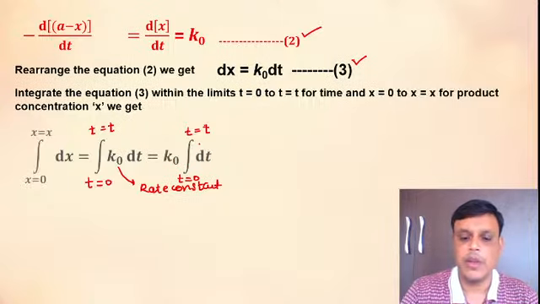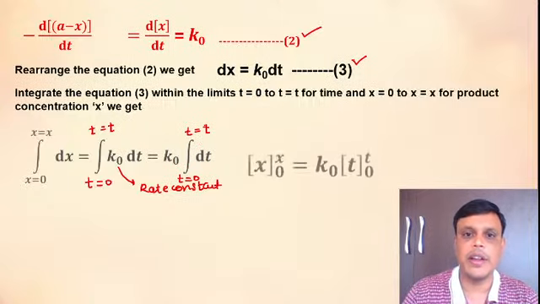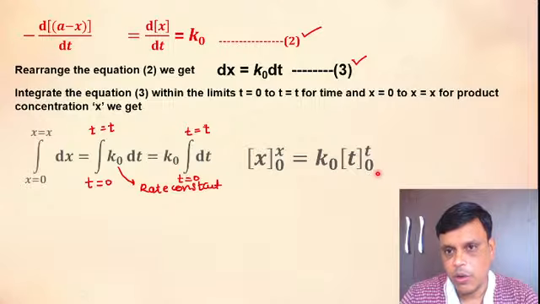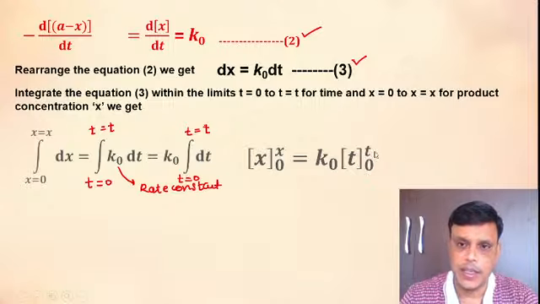So we have integrated this equation. After integrating, we get the concentration of x with lower limit 0 and upper limit x, equals K0 times t, lower limit 0, upper limit t.